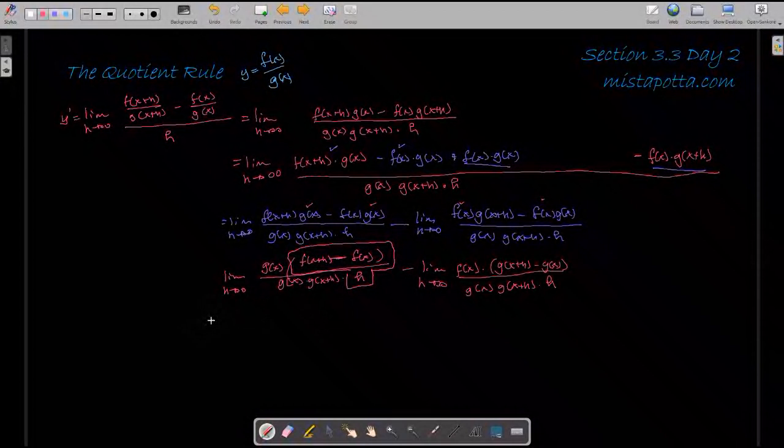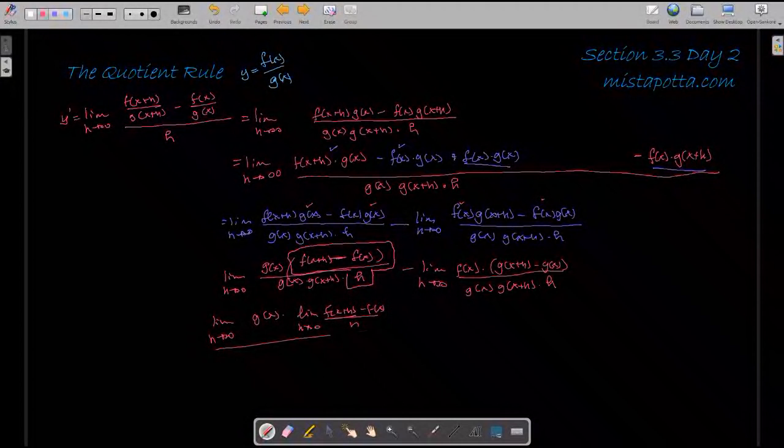So what I've got is the limit as h approaches 0. This is really g of x times the limit as h approaches 0 of f of x plus h minus f of x all over h.